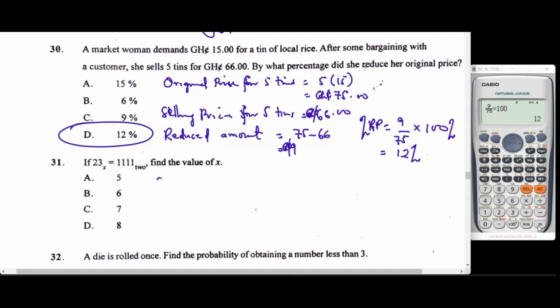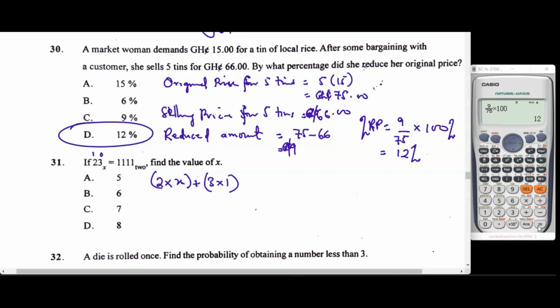So you have it as 2 multiplying x plus 3 multiplying 1. I know some of you like to number it 0, 1. Now it gives you the same thing. It will be 2 multiplying x to the power 1 plus 3 multiplying x to the power 0.